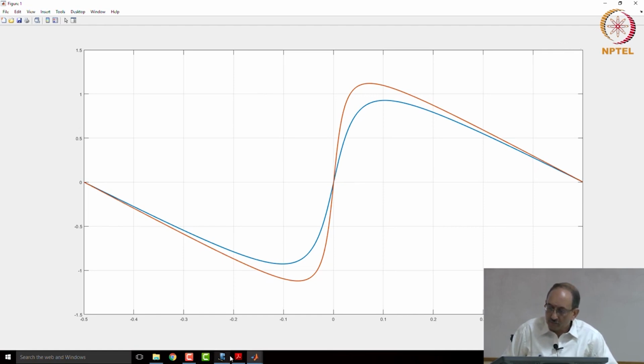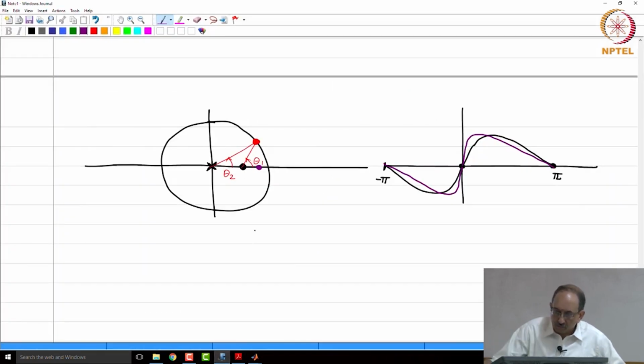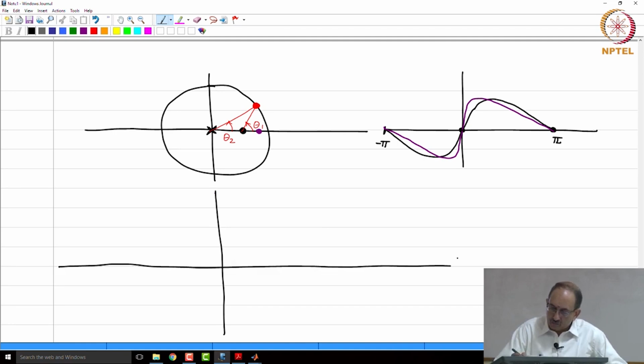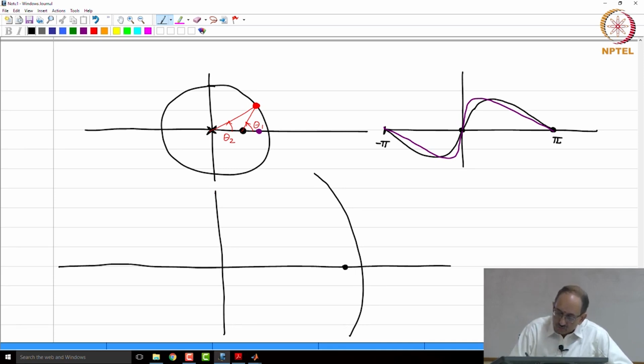So, let us carry this analysis a little more. Now, what I am trying to show here is an expanded version around omega equal to 0, only that now my 0 is extremely close.